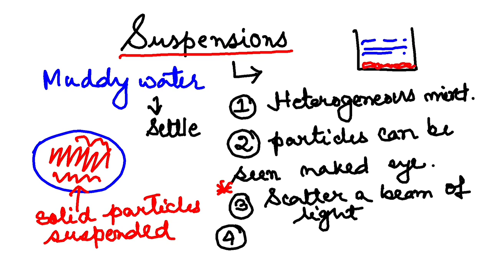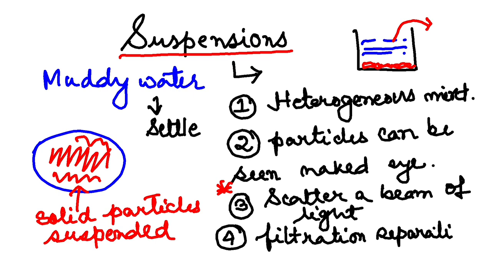Now once you have this stage, you can separate out the water and the solute by using physical methods. So here I can use filtration for separation of the solid and the water, isn't it? So using filtration I can separate the solute and the solvent in this case.